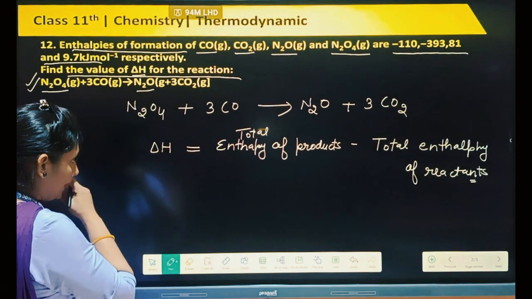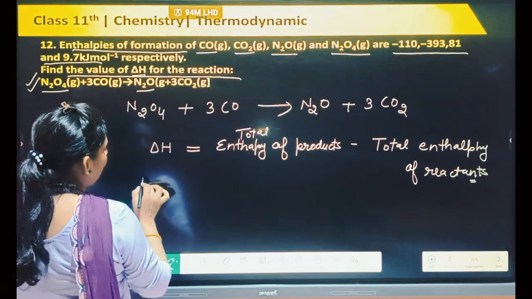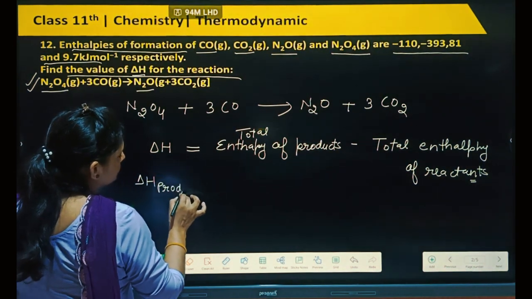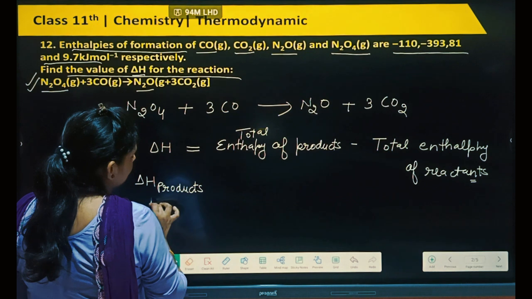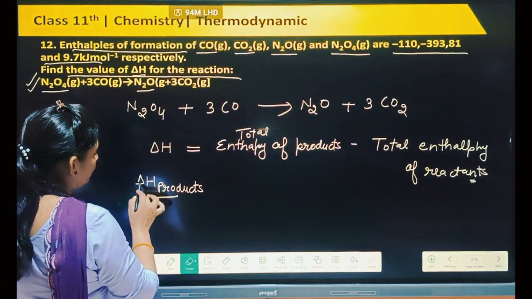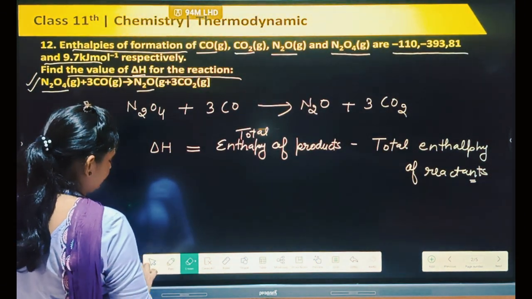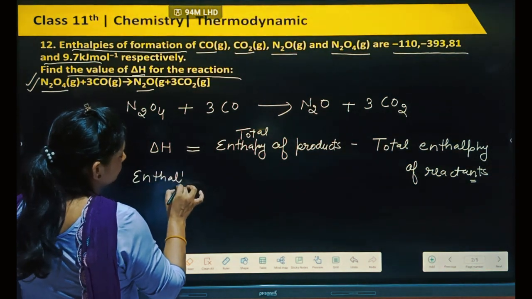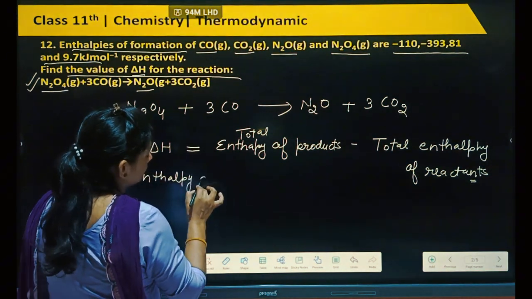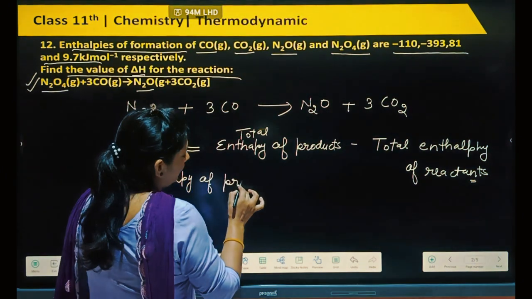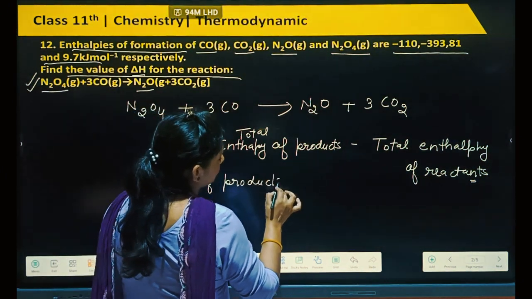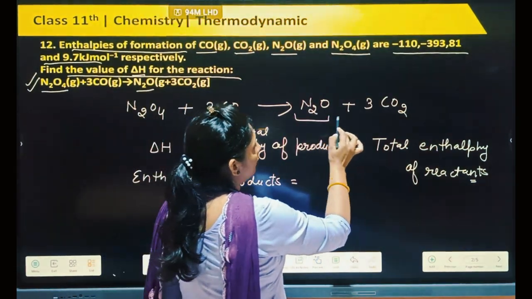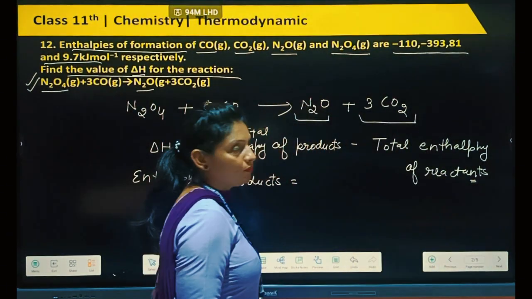Then here, enthalpy of products. So here products are N2O and CO2.